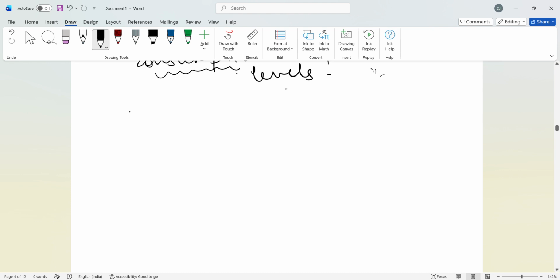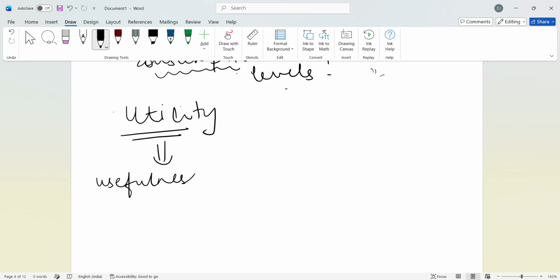What you really have to first understand is one term, which we call utility. What do you understand by utility? In simple language, utility is usefulness. It's the worth of something, the happiness that you get.